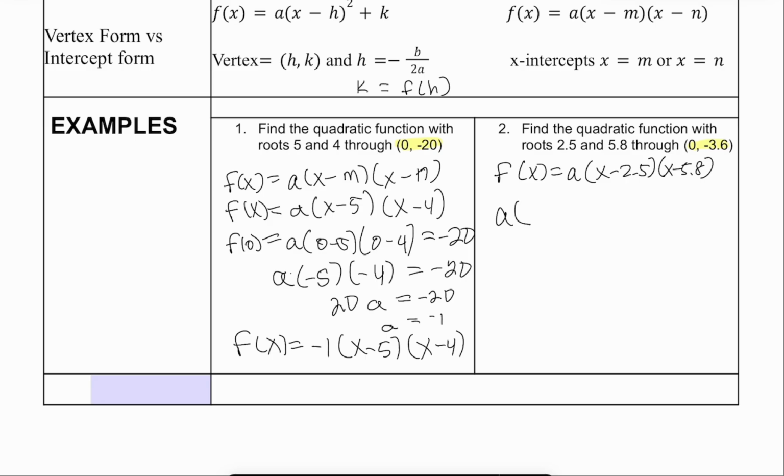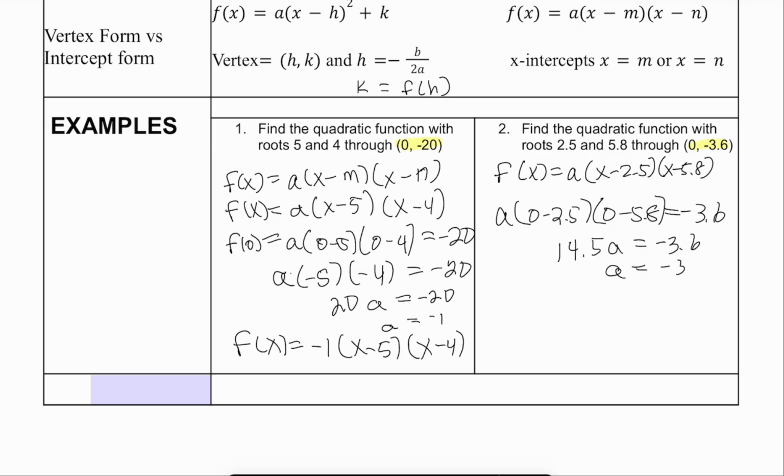So I know a times (0 minus 2.5) times (0 minus 5.8) should equal negative 3.6. Now, negative 2.5 times negative 5.8 is 14.5. So 14.5a should equal negative 3.6.